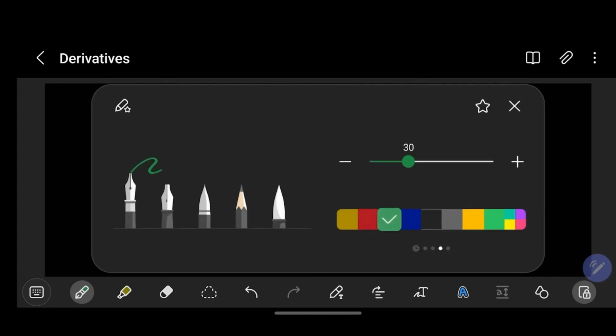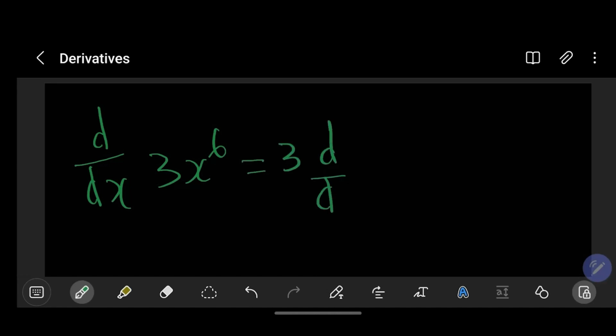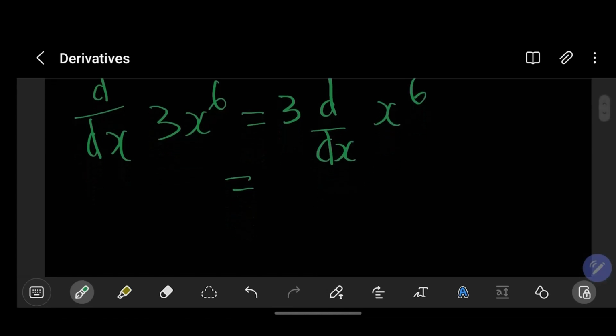Let's take the example d dx of 3x to the 6. What do we do here? We take out the constant, so we take out 3, and then we find d dx of x to the 6, which is equal to 3 times the derivative of x to the 6.